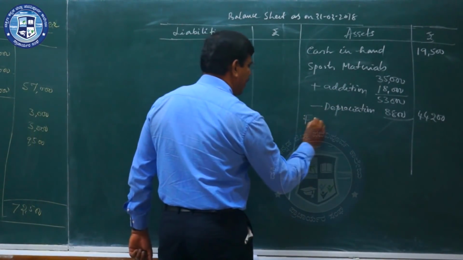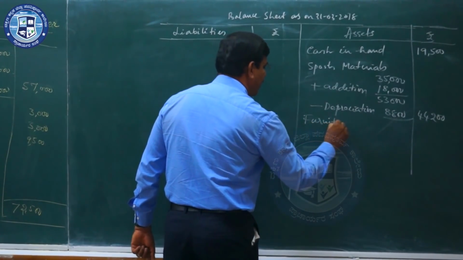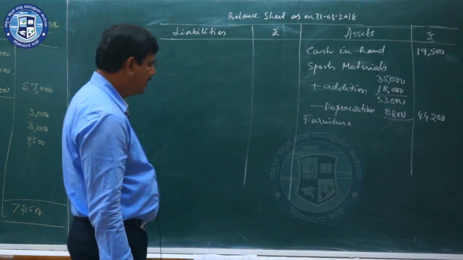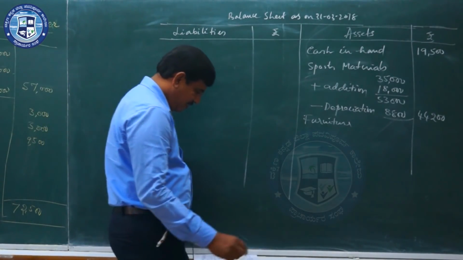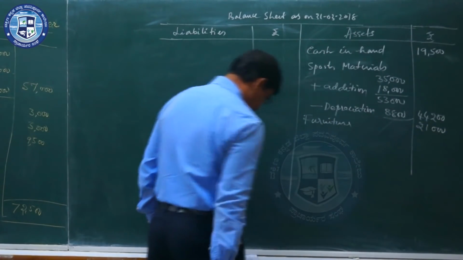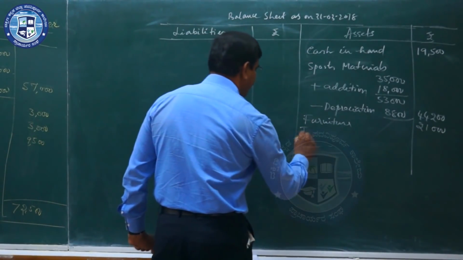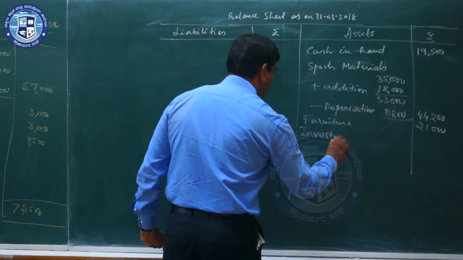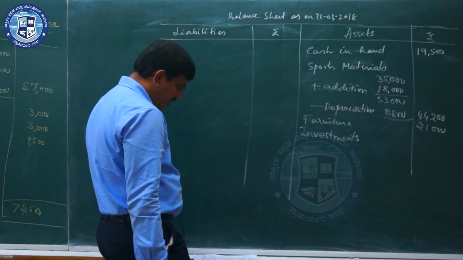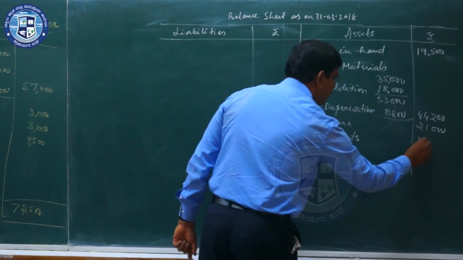Then furniture is there in the opening balance sheet. Write the amount as it is because there is no purchase and no addition. The amount of furniture is 21,000. Then you have investments, 15,000.